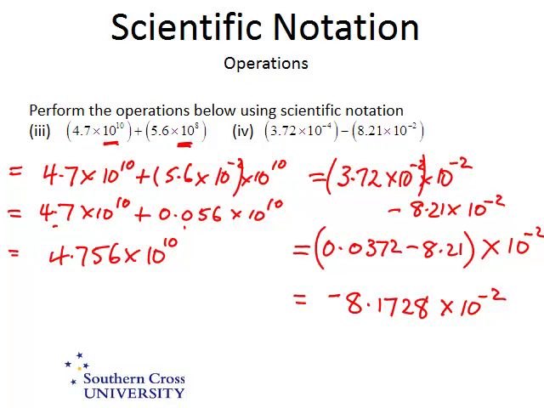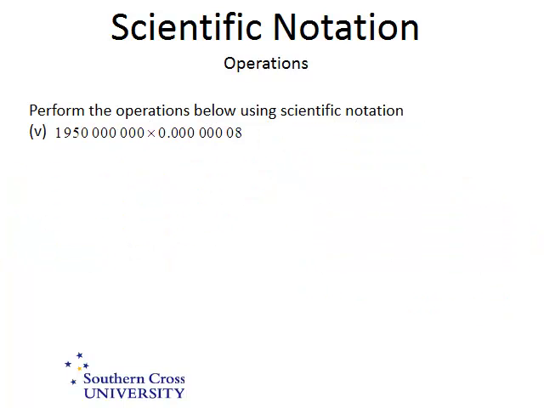Okay, now moving on to the last one. We've got quite a big number and quite a small number, and we're working on the assumption that they won't fit into our calculators, but I suspect the second one will. So one option is to say if our calculator can't do it, we put it into scientific notation and that will do it.